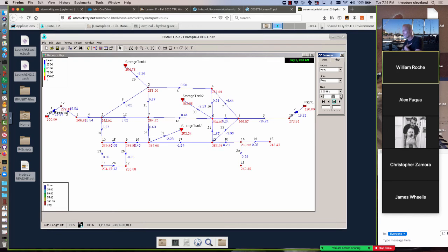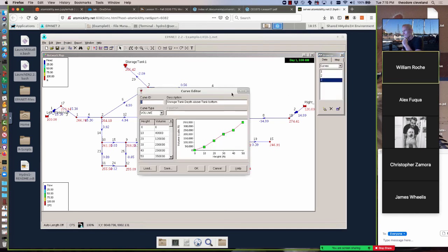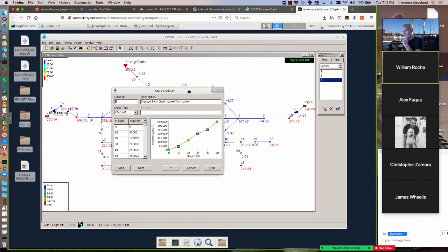We go to our second hour, we're at 254 feet of depth in the tank. We're down to 2.3 cubic feet per second coming in. And at hour 3, we're down to 2 cubic feet per second, and we're at 256 feet in the tank. Let's go back to our curve and see what we are learning.